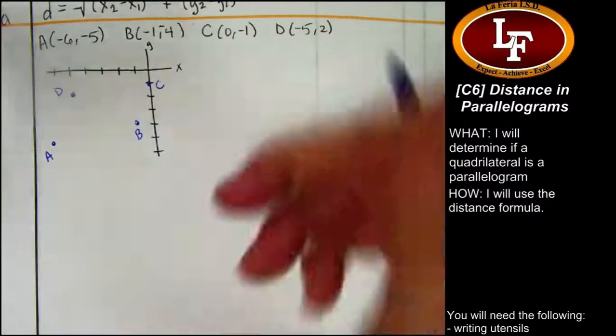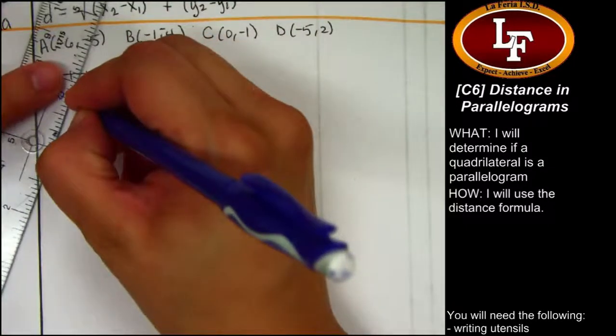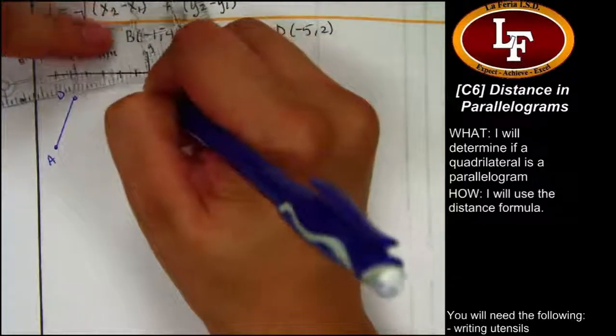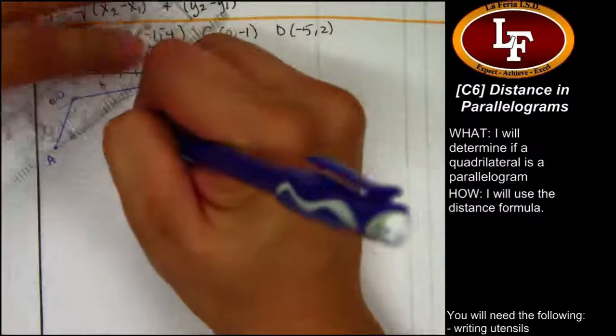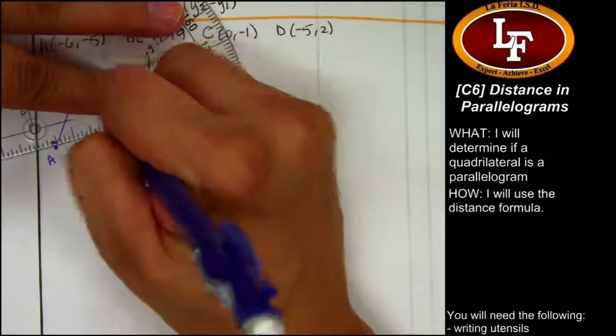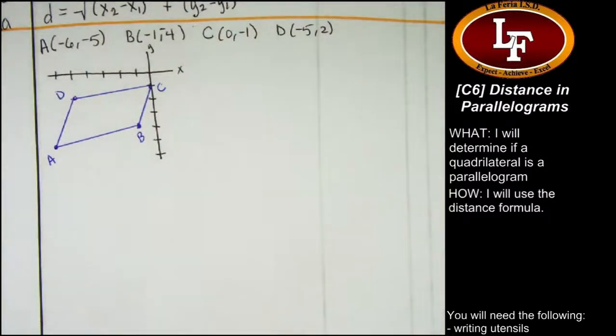Again, I'm going to pull out my trusty straight edge just so that when I draw them, the lines look very neat and very beautiful. If you're doing this on graph paper, you should be able to see whether or not this thing looks like a parallelogram. Because I didn't draw it on graph paper, my scale's all wonky and my lines are kind of crooked, this doesn't really look like a parallelogram.